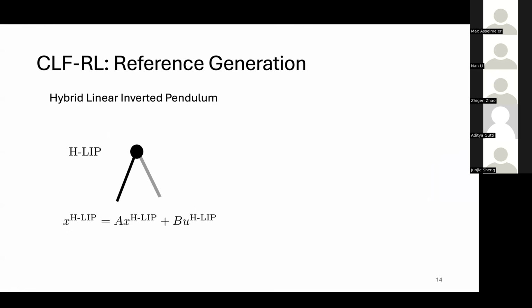In no situation do we have the reference in deployment on the hardware. It's only during training. But this means that when the robot receives a command in training, we generate a steady state walking gait with the HLIP, and then we track the reference states with the CLF reward.